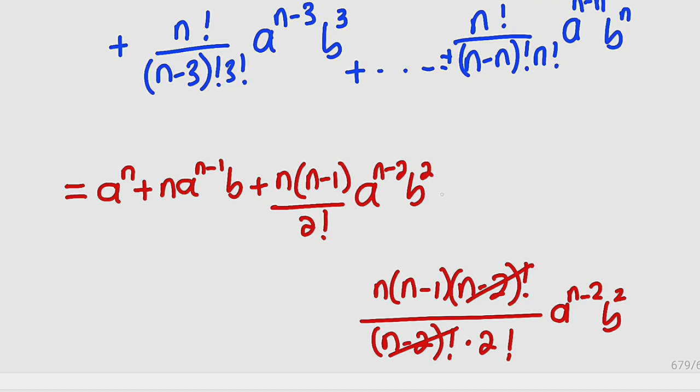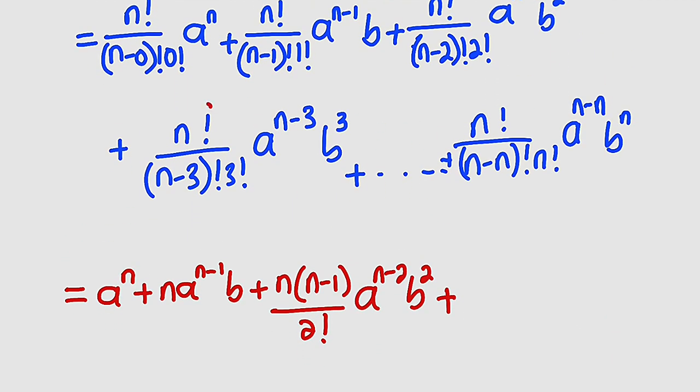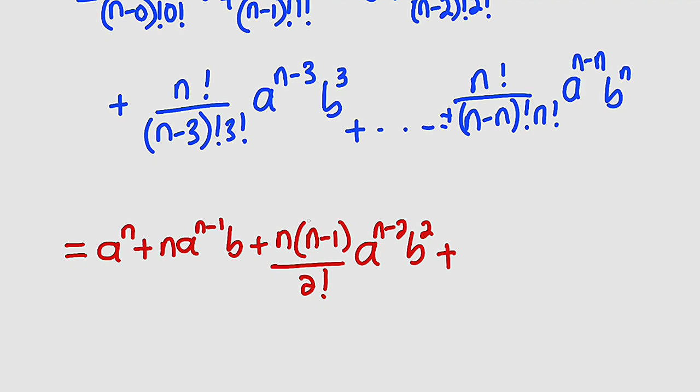Then we add, let me add one more term. That is term number 4. If you move to term number 4, we are going to write this in terms of (n minus 3) factorial. So if you observe the pattern, we have n times (n minus 1) here. We are going to obtain n times (n minus 1) times (n minus 2). And here we are going to have 3 factorial.